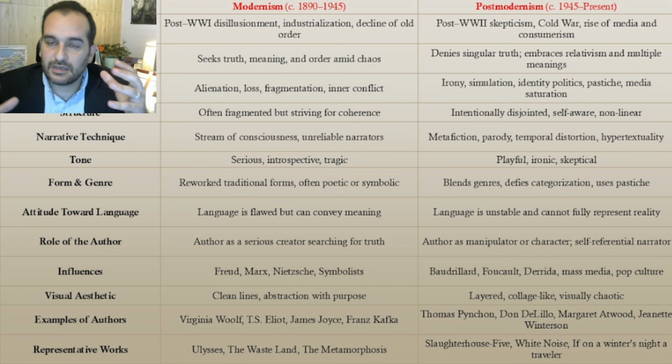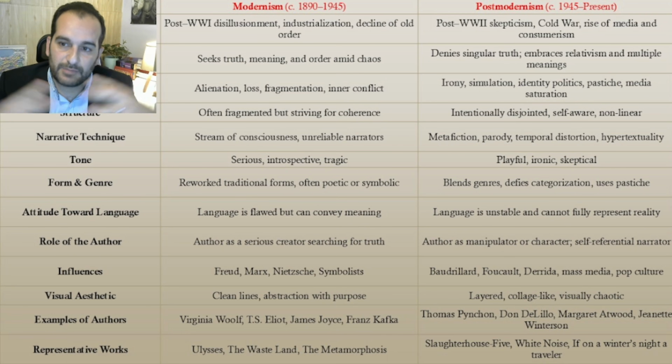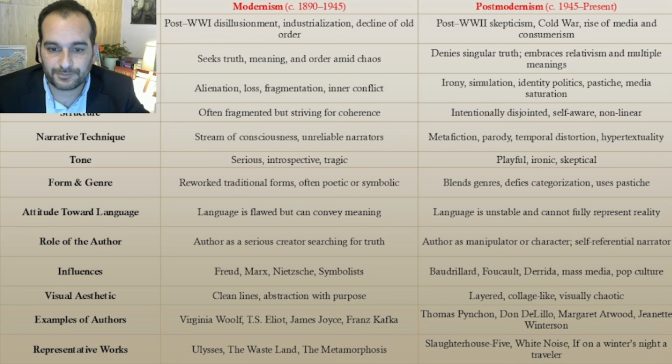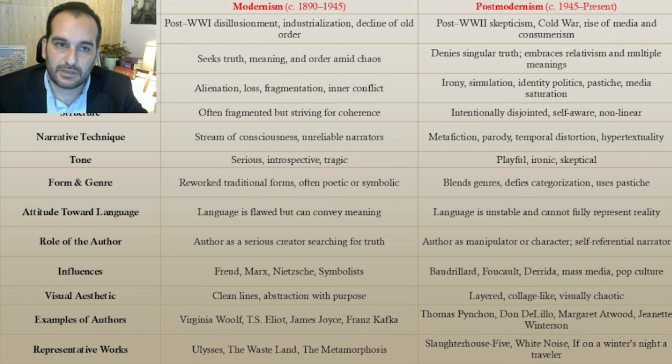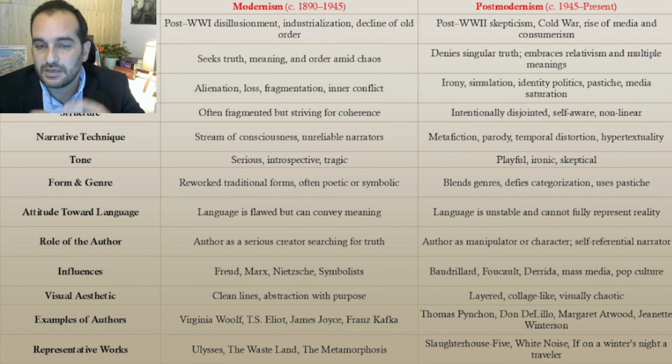Meanwhile, we see genres and styles blending in postmodernism, and we see influences of Karl Marx and other intellectuals during modernism. The postmodernist period includes, of course, many authors and thinkers such as Derrida and many other authors.